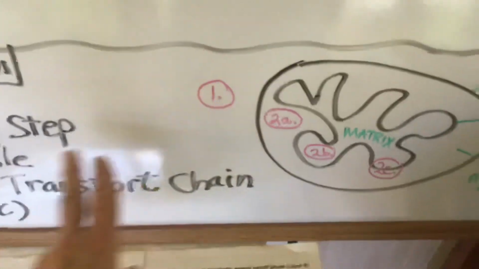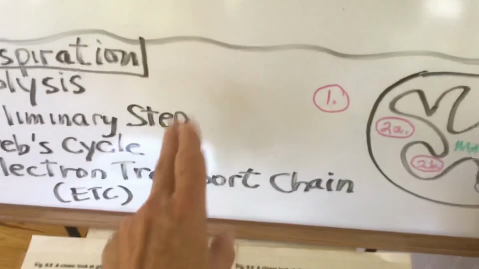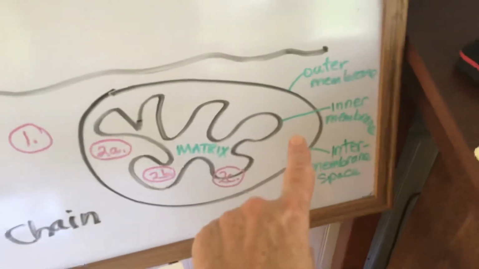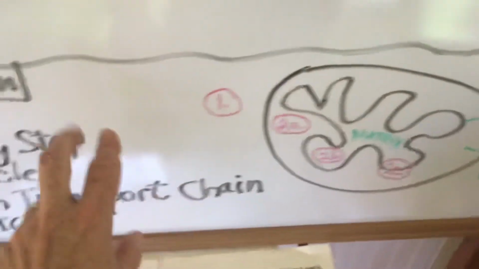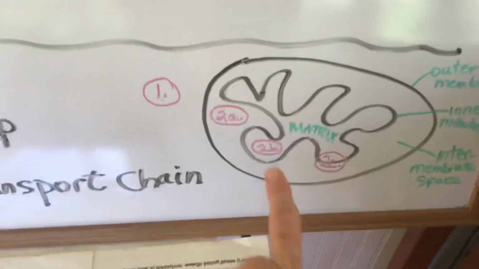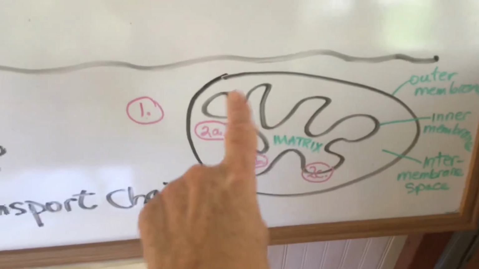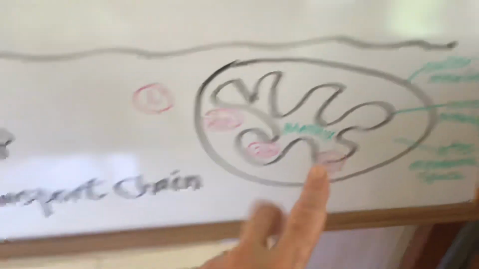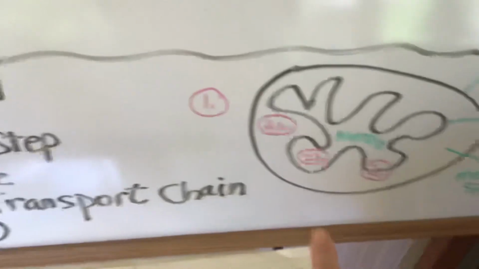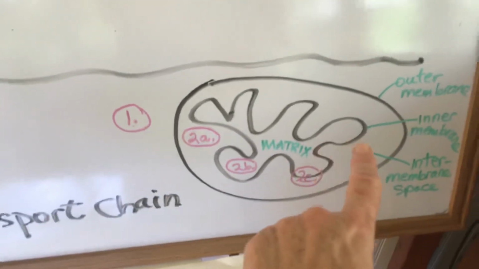The second part, which is the preliminary step, or pyruvate oxidation, is happening in the intermembrane space. Okay, the third part, which is the Krebs cycle, is happening in the matrix, any place in the matrix. And the last part, which is called the electron transport chain, is happening across the inner membrane.